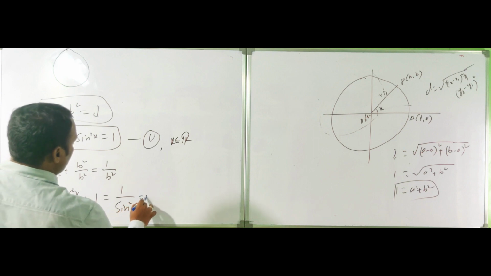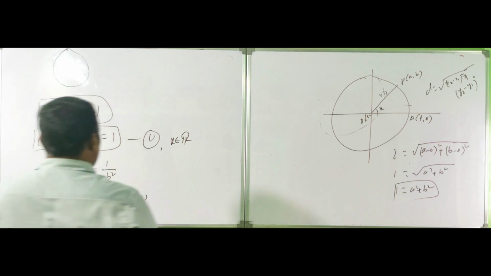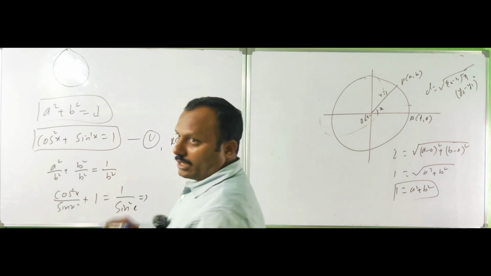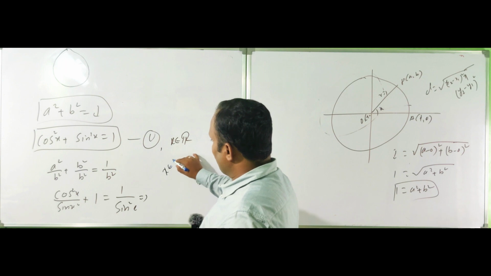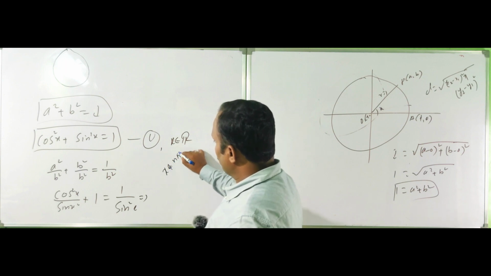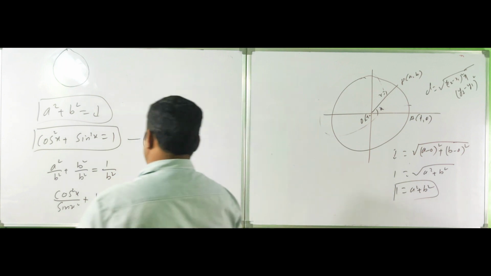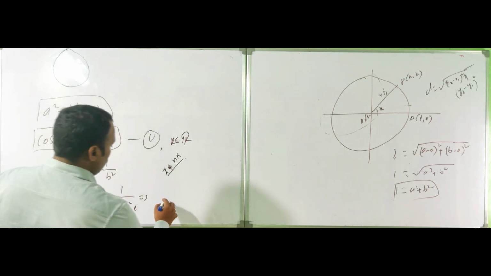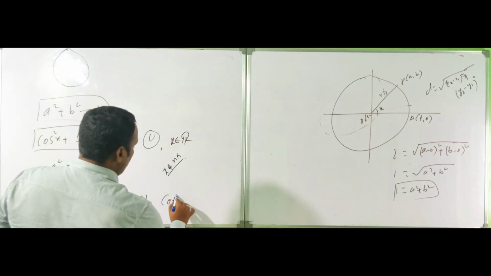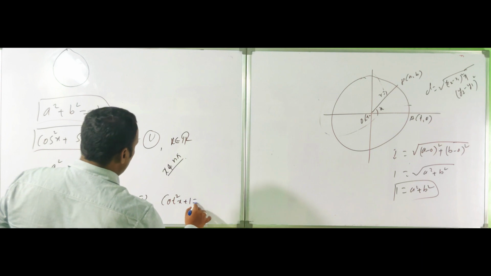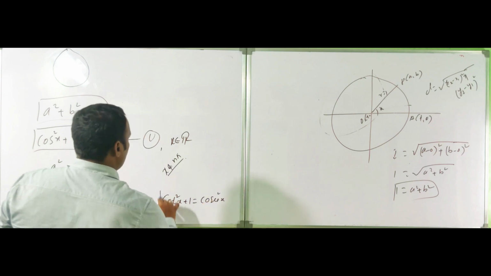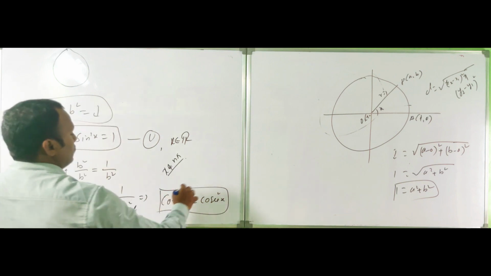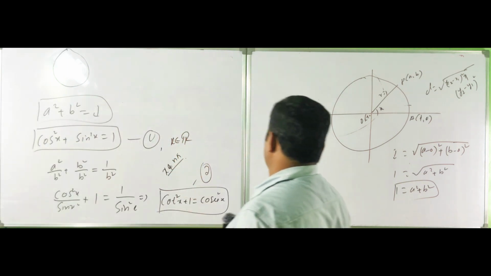The denominator sin x is there, therefore x does not belong to n pi. Cos x by sin x is cot x, so cot square x plus 1 is equal to cosecant square x. This is the second identity.